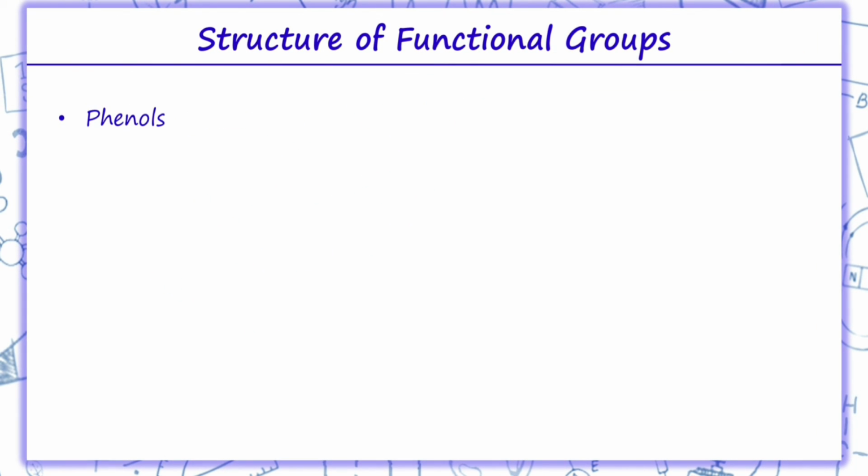Moving on to the structure of phenols. So like this, we have phenol, a benzene ring. Here the benzene ring has an OH group attached to it, with two unshared electron pairs on oxygen.